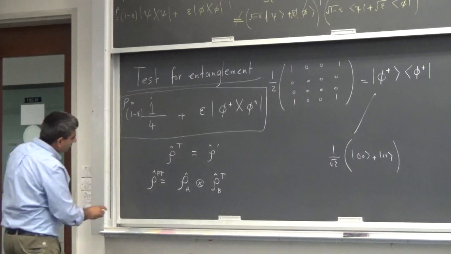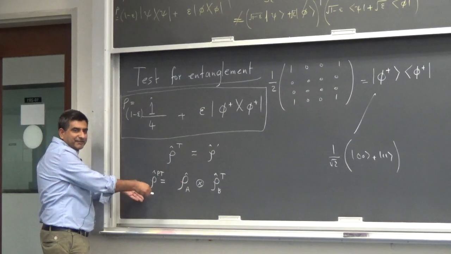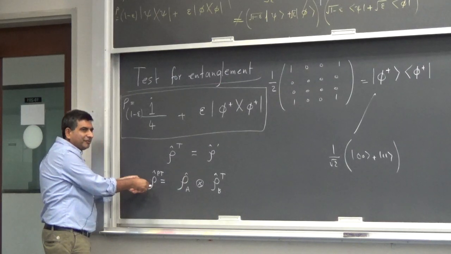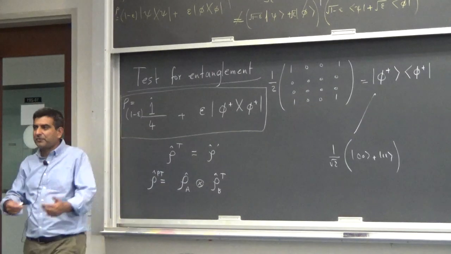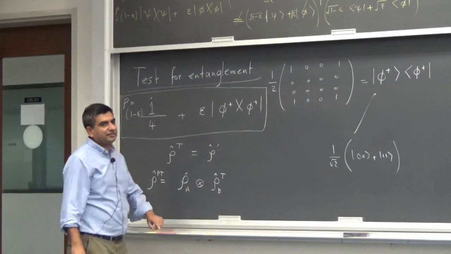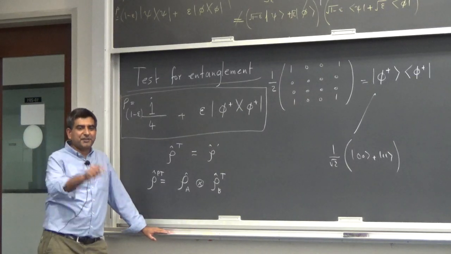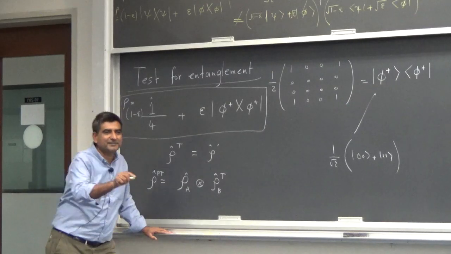Then my new object, if it remains a density matrix, then the initial rho could have been written in the separable form, which means that the initial rho would be unentangled. If partial transposition keeps the density matrix a legitimate density matrix, then it means that the density matrix is separable.